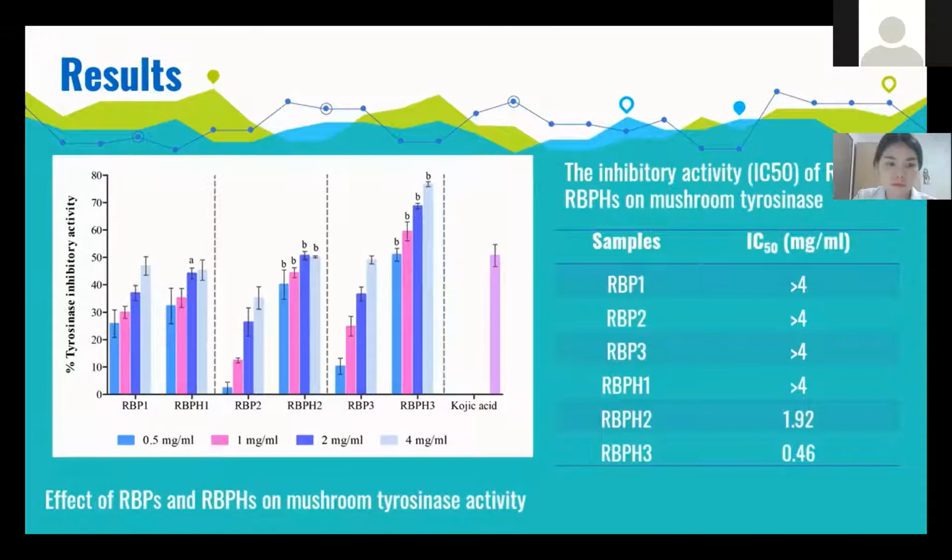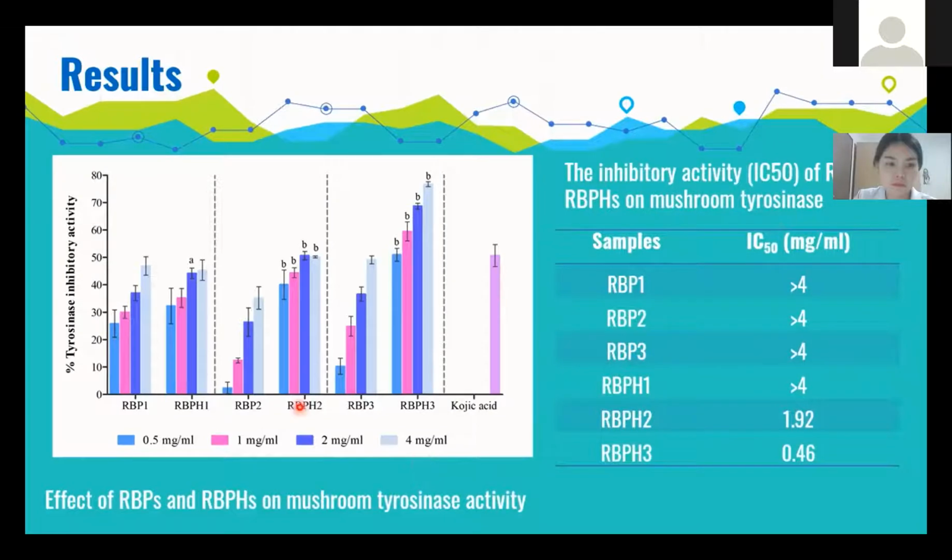To investigate the mushroom tyrosinase activity, all RBP fractions and their hydrolysates were used as inhibitors of the enzyme at concentrations of 0.5, 1, 2, and 4 mg per milliliter.